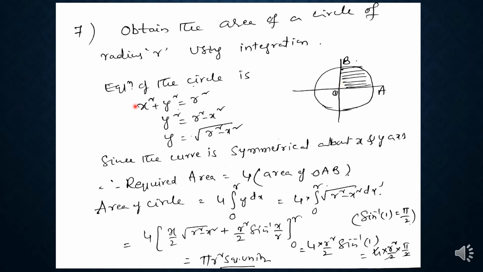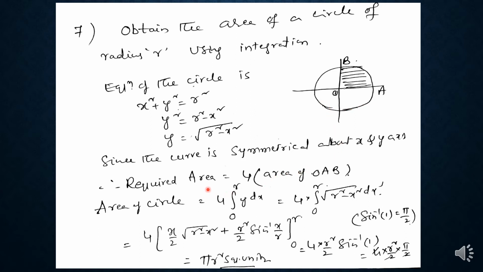For that we take the equation of the circle, x square plus y square is equal to r square. Then y square is equal to r square minus x square, so y is equal to square root of r square minus x square. Since the curve is symmetrical about the x and y axes, these 4 portions are equal.